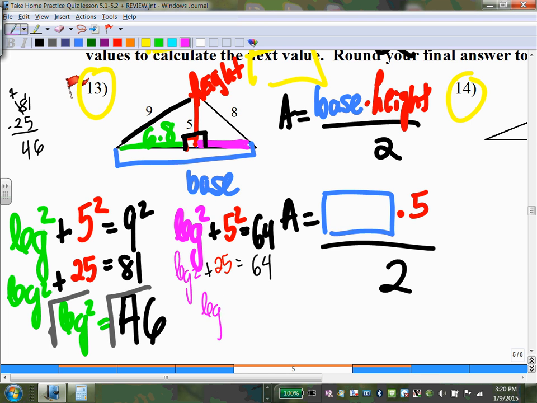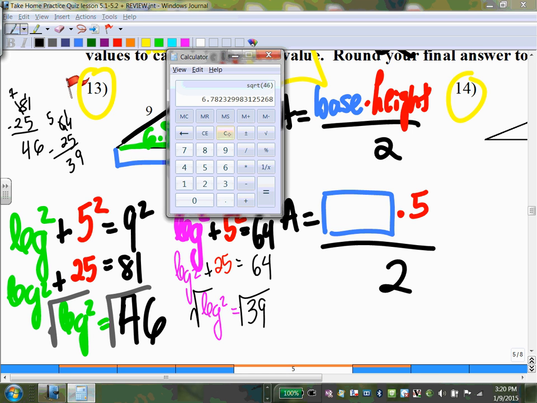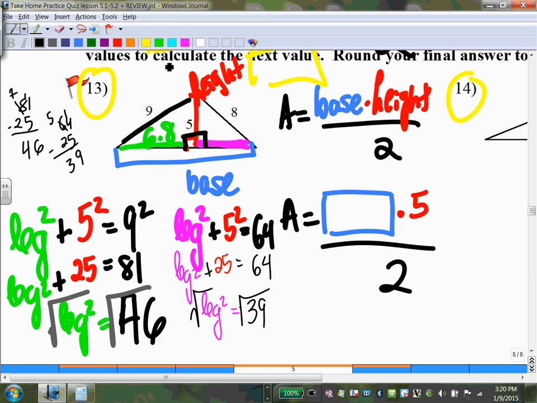Keep working. Leg squared equals, we subtract the 64 and the 25. That's 39. And then we square root both sides. At this point, you can get your calculator. We round to the nearest tenth. That's 6.2.